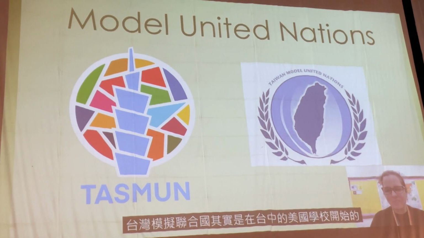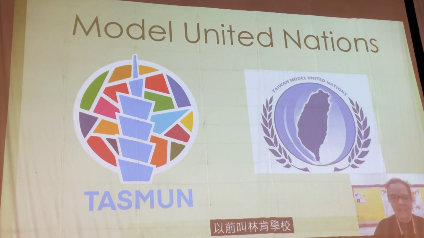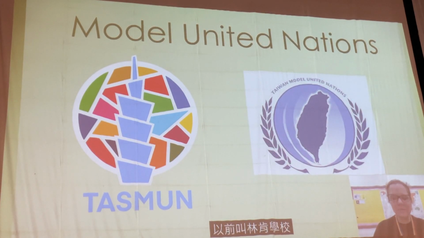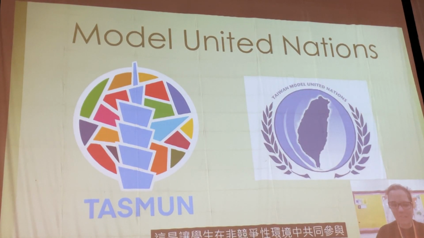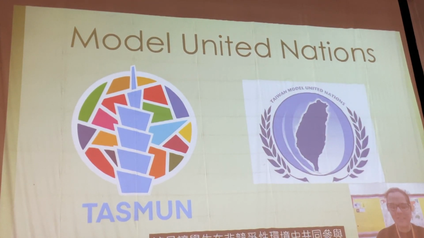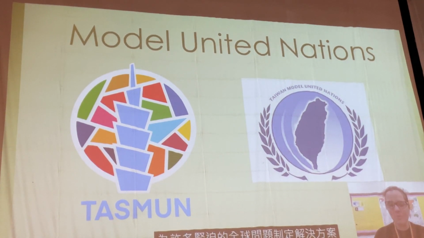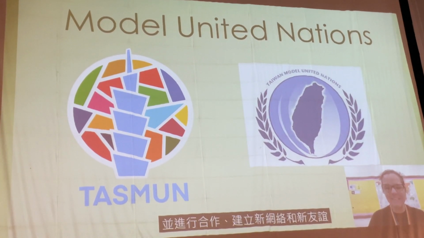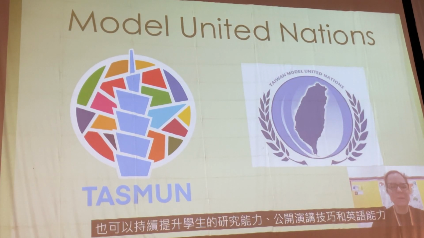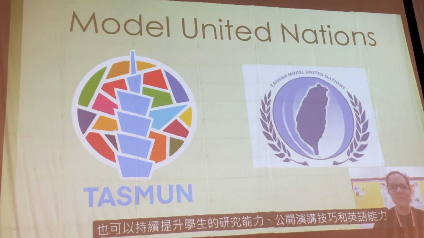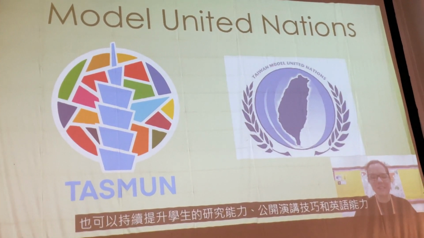Taiwan Model United Nations actually was started at the American School in Taichung, which used to be called the Lincoln School. This is an excellent way for students to engage together in a non-competitive environment, to build solutions to many of the pressing global issues, and collaborate, make new networks and new friendships, as well as continue to build upon their research skills and their public speaking skills and English language skills.